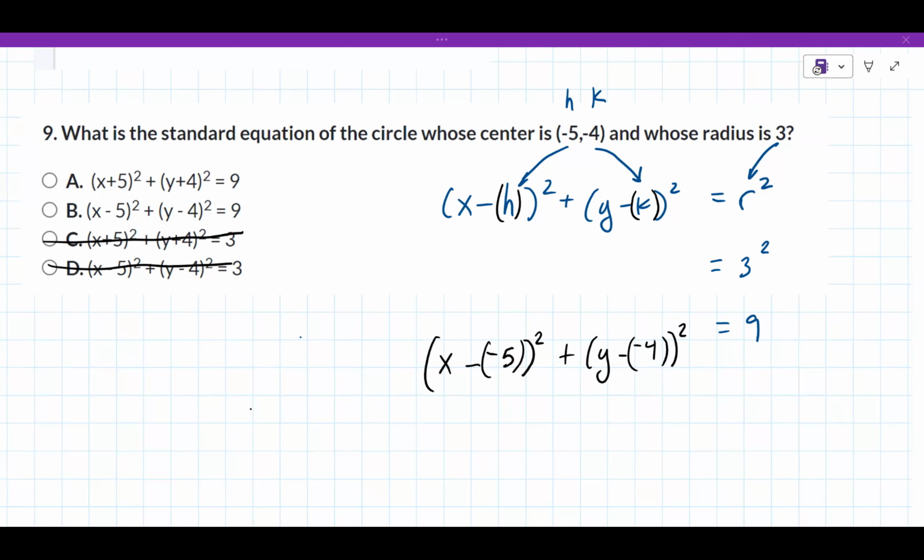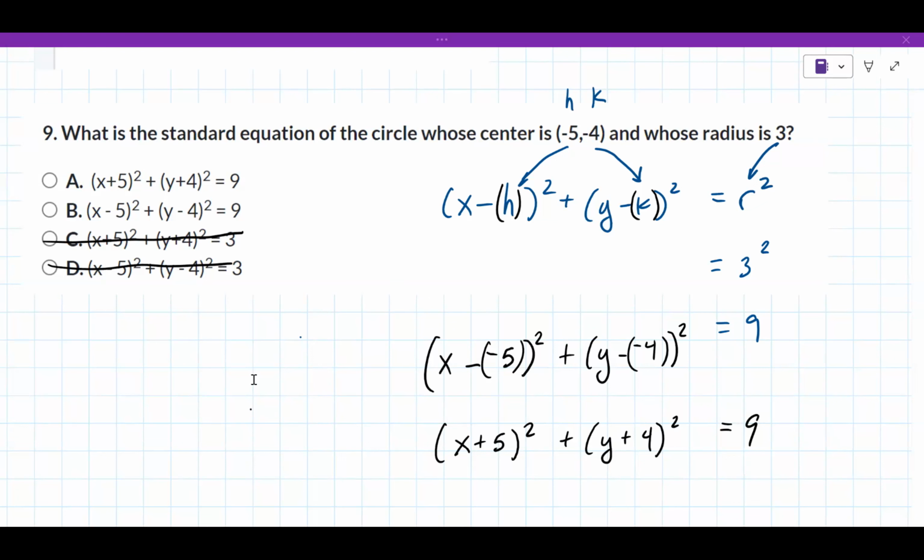Now I can see it. So the center is -5 comma -2. Wait, I might have done something wrong. Center is -5 comma 4. Nope, I did it right. No, it's correct. It is B. I was just looking at the wrong area.